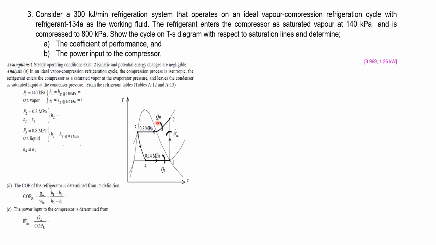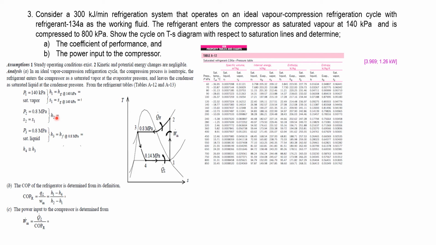So let's look at the skeleton again. Similarly, we will refer to these two tables. All you need to do is find H1, and correspondingly find your S1. Based on this S1 value and the pressure that you have at point number 2, you will find H2. But remember, H2 is from the superheated table.